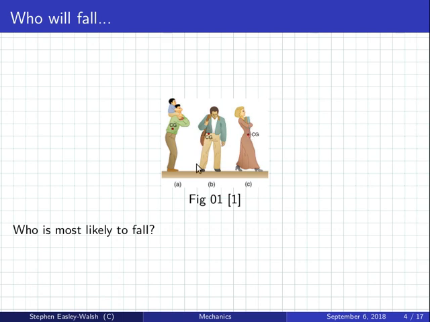Of the three of them, who's the most likely to fall? This one. Why? When the center of gravity is quite high, it makes it easier for something to fall. So this here is easier for me to push over than say this cup. You know this with cars.